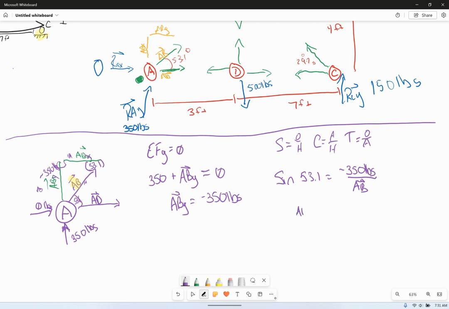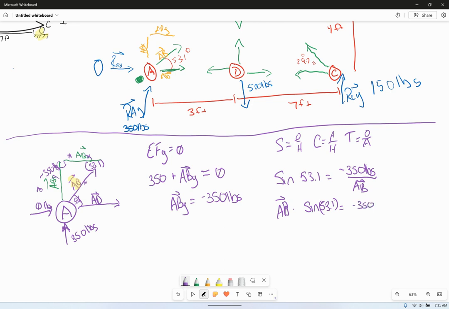So AB vector is equal to negative 350. Let me do this a little bit better for you guys. Okay, so what we're going to do is put my AB vector times the sine of 53.1 equal to negative 350.